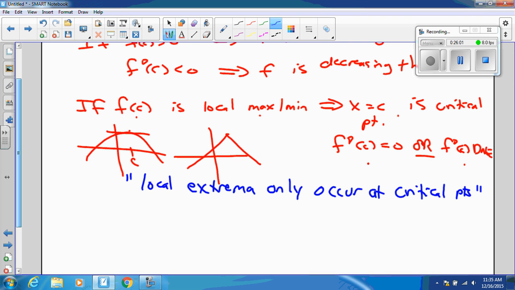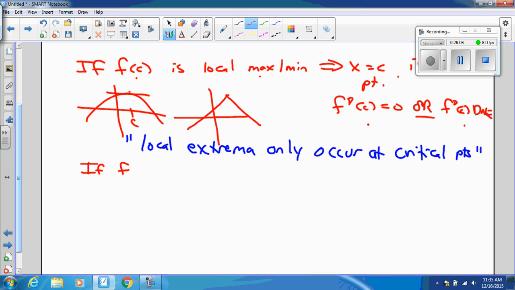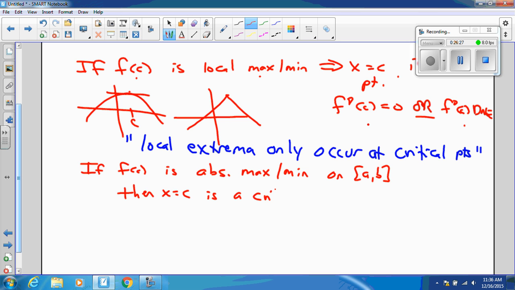If we now consider absolute maxes and mins, absolute maxes and mins can occur in two different places. And that was our critical point endpoint theorem. If f of c is an absolute max or min on a closed interval a to b, then x equals c is either a critical point or it is an endpoint.